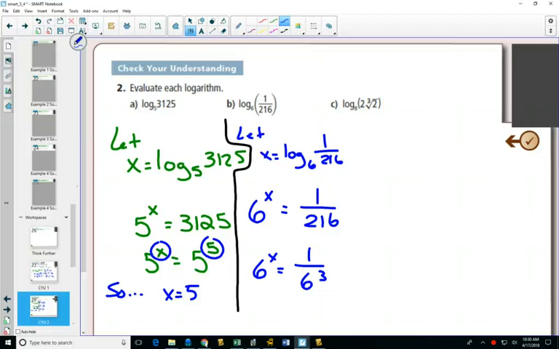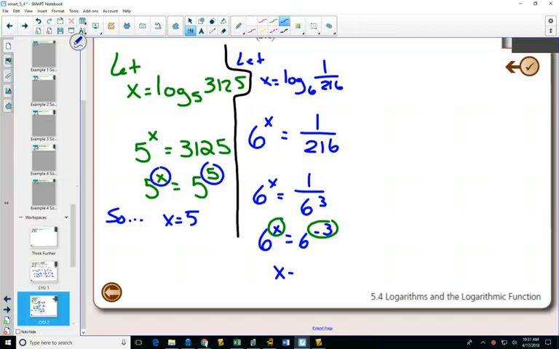And since I have a 6 to the 3 on the bottom, with my negative exponent law, I can say that that is 6 to the negative 3. Now that my bases are the same, I can say that x is equal to negative 3. So I have evaluated log 6 of 1 over 216.